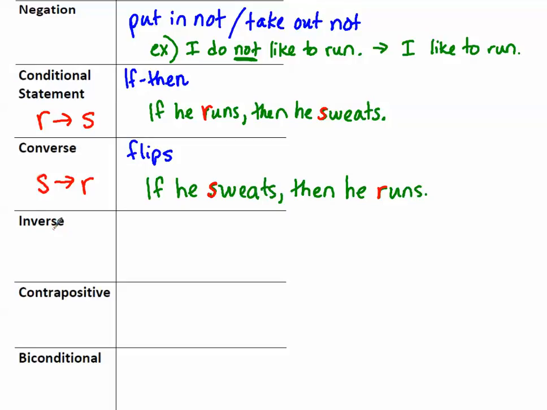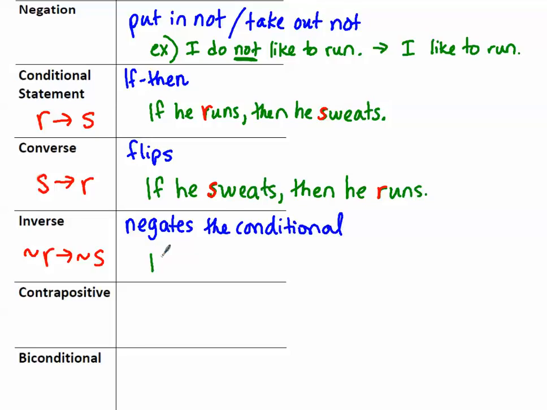The inverse is another way to write a statement that takes the conditional statement and negates it. So using our symbolic notation, not R, then not S. We're negating the conditional statement. In words, what would that look like?